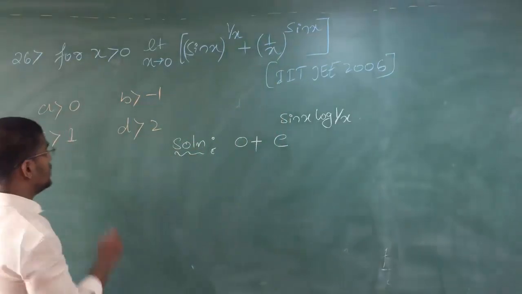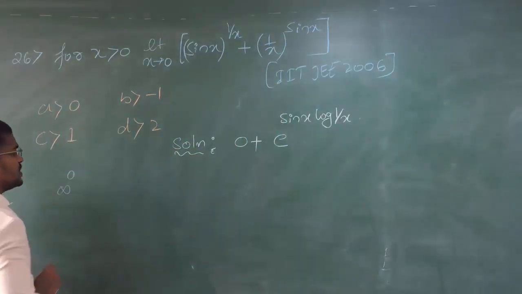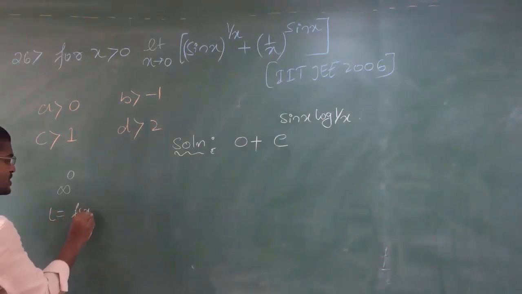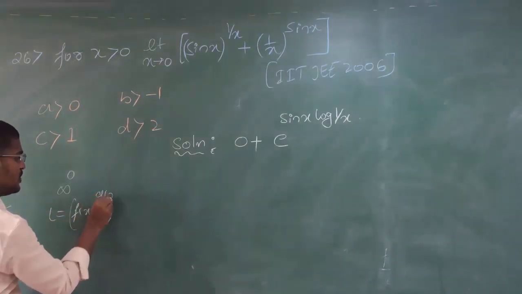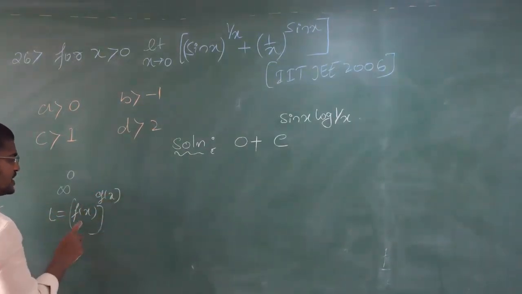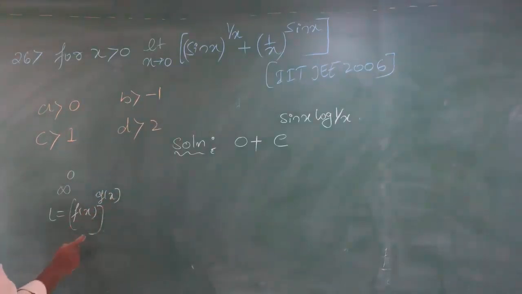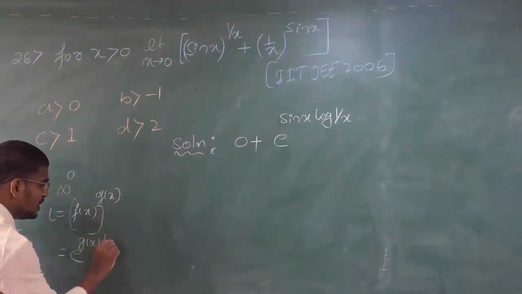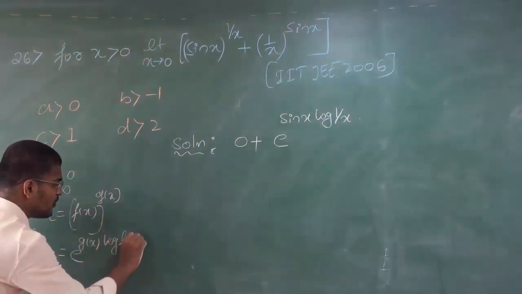Whenever you get infinity to the power of 0, please remember L equal to f of x to the power of g of x you are going to have. If this is infinity to the power of 0, this will be equal to e to the power of g of x log of f of x.